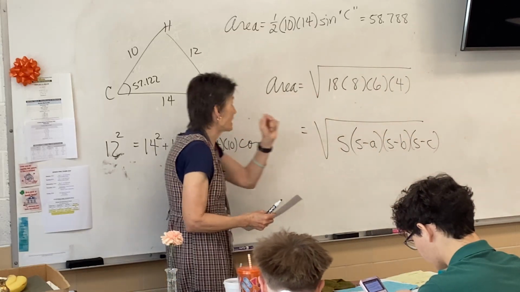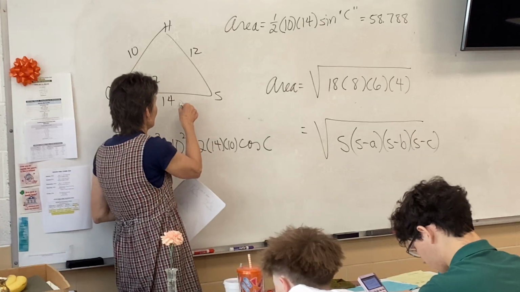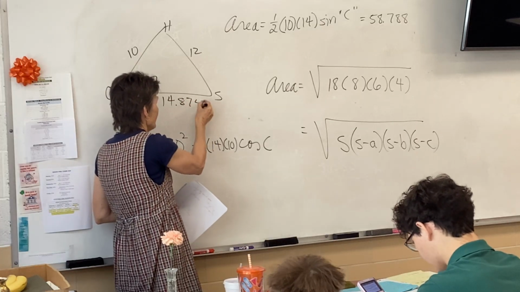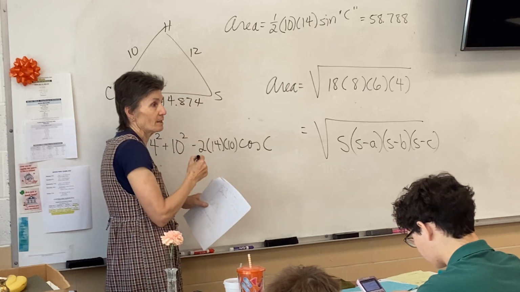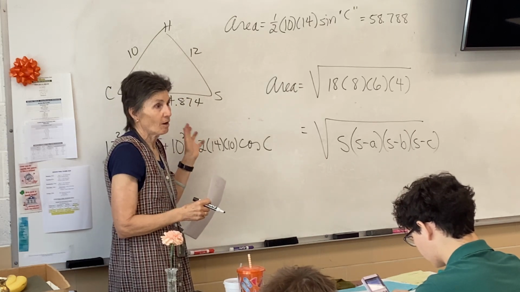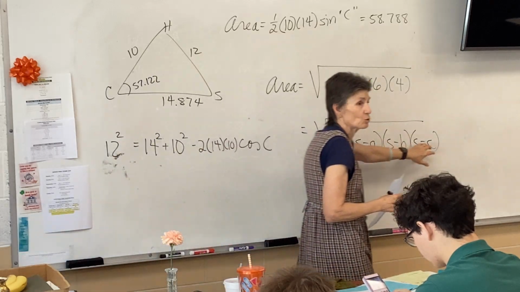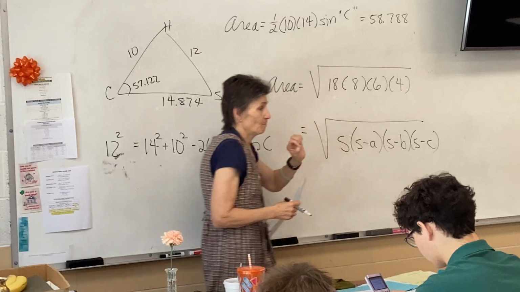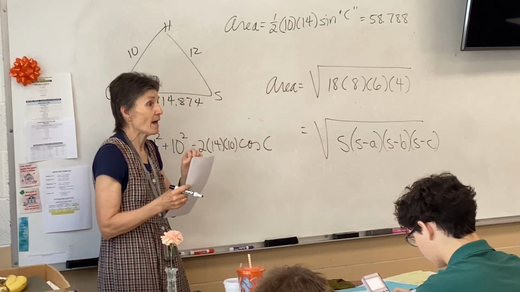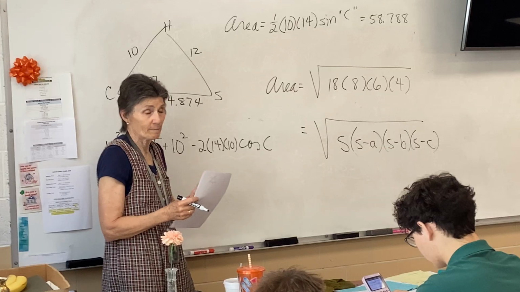So let's say we didn't have all this, and we found this side and rounded it off on our calculator, and then we were using Hero's formula. Do you see the problem with that? It gets rounded off when you compute the perimeter, and then it gets rounded off in each one of these.